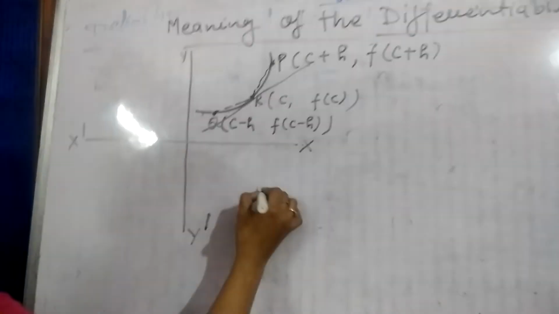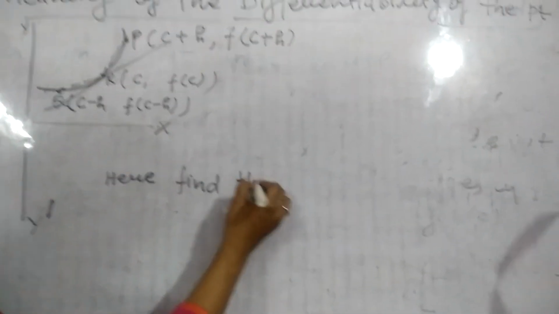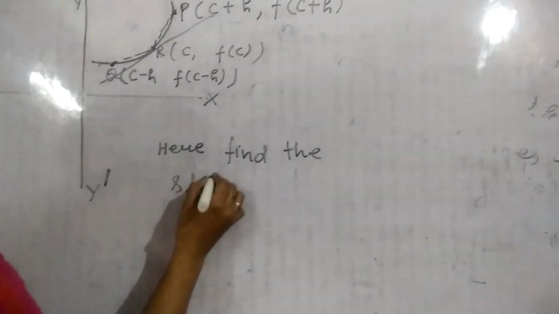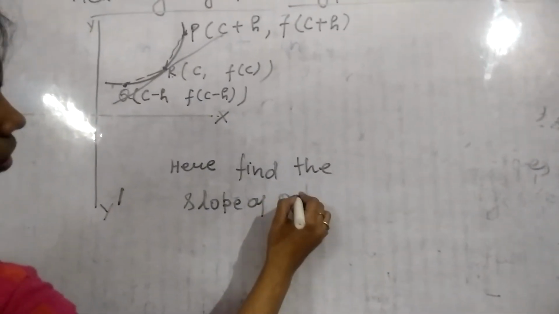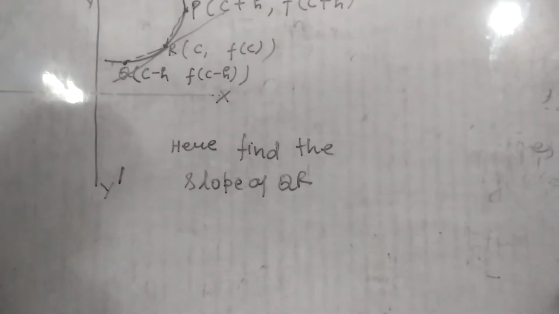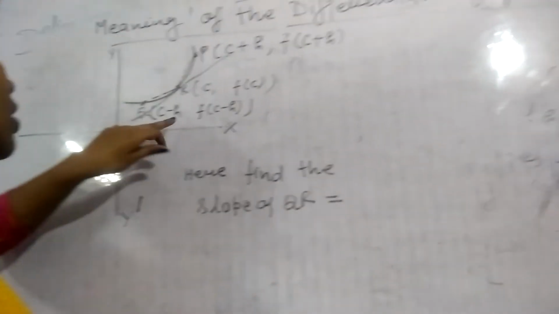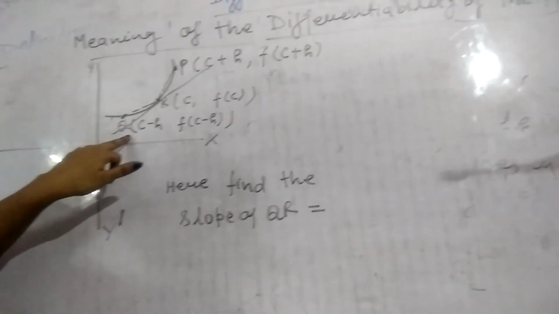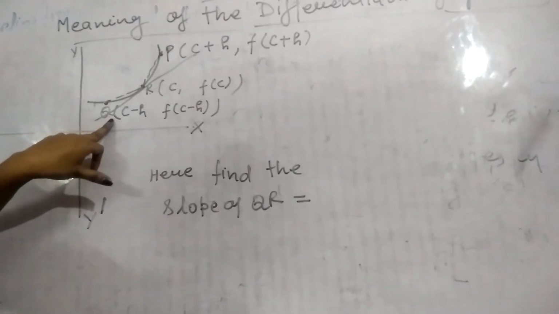Here, find the slope of QR. You have already studied in 11th class how to find the slope of AB.